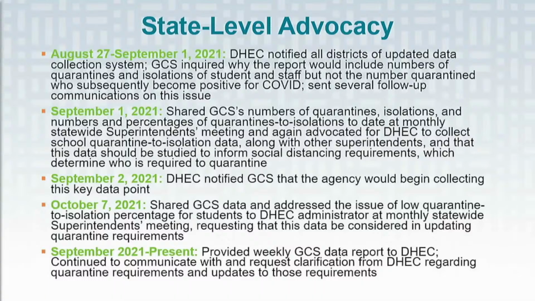On September the 1st, we shared our numbers of quarantines, isolations, and the numbers and percentages of quarantines to isolations to date at the monthly statewide superintendent's meeting, directly to DHEC, and again advocated for DHEC to collect the data that we believe should be studied to inform social distancing requirements and what's used to determine who's required to quarantine.